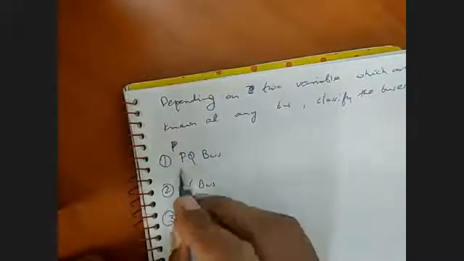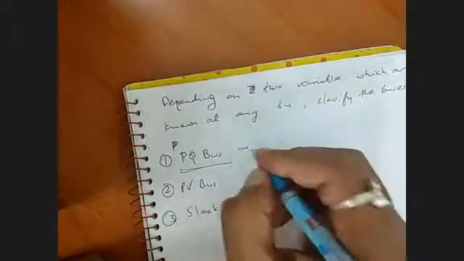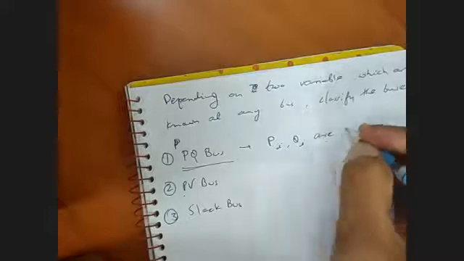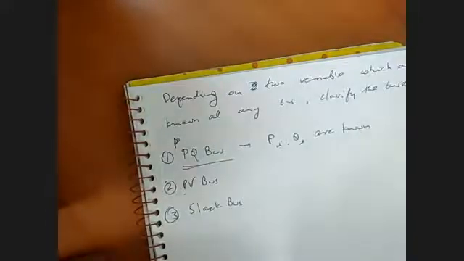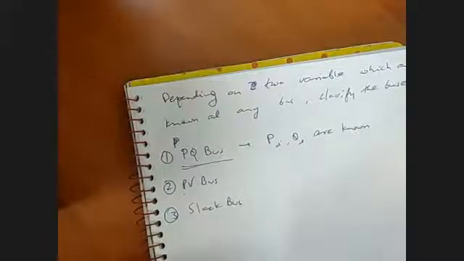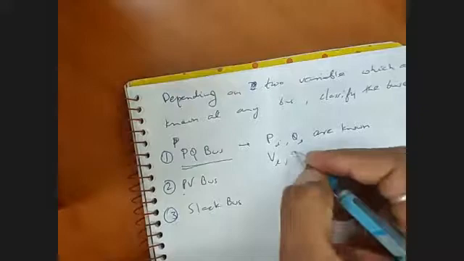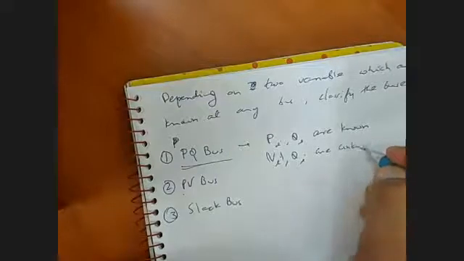So PQ bus, as the name suggests, Pi and Qi are known quantities, and magnitude of Vi and theta i are unknown quantities.